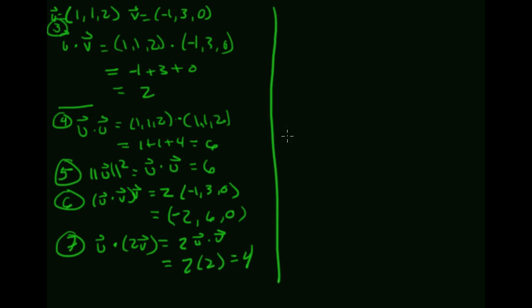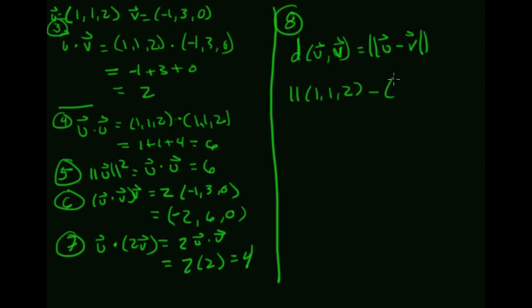All right, so let's look at number 8. 8 asks for the distance from u to v, which is the same as the magnitude of u minus v. So this is going to be the magnitude of 1, 1, 2 minus negative 1, 3, 0.